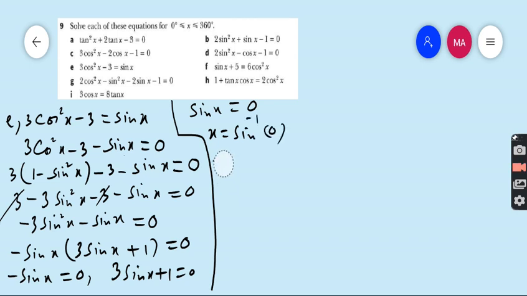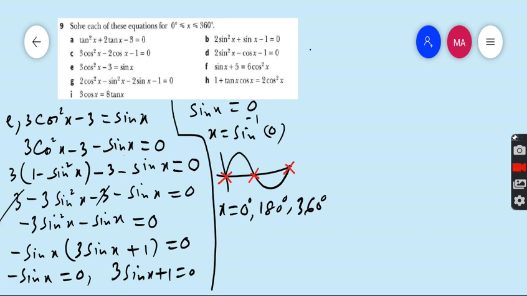If you sketch the graph of sin x from 0 to 360 degrees, there are three angles where sin is 0: first, second, and third. These values are 0 degrees, 180 degrees, and 360 degrees. So this is the answer of this equation.